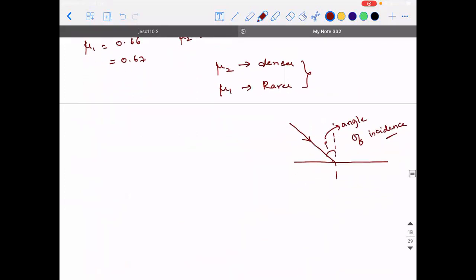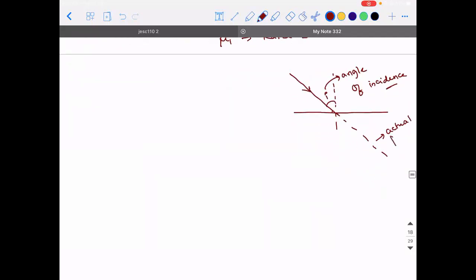Okay, and this is going to be the actual path. Right now, the question is, when we say bending of light is going to take place, in which direction is it going to bend? Is it going to bend towards the normal or away from the normal? That's what we are going to find now.